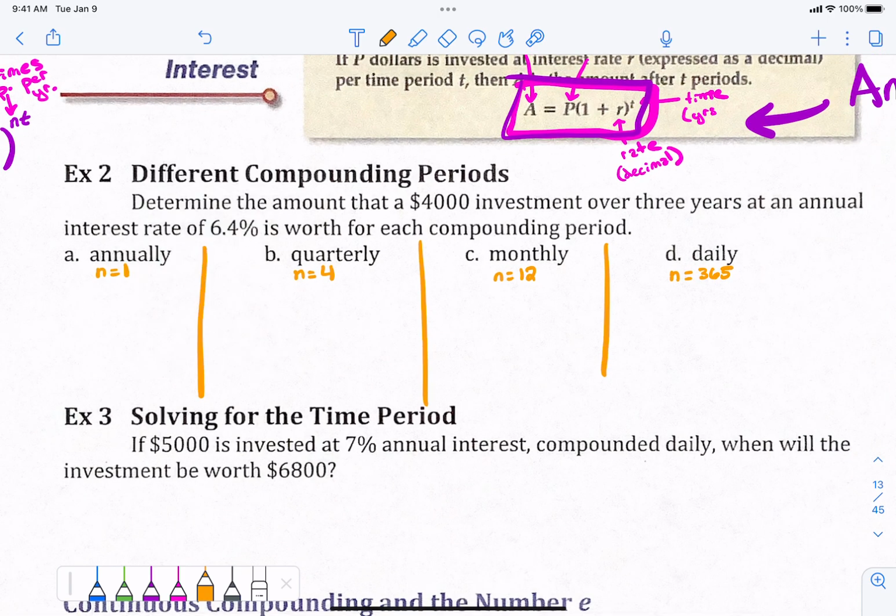All right, determine the amount that a $4,000 investment will be. That's my P. R is going to be 6.4%, but we put it as r equals 0.064, if you move the decimal 2 places, for each compounding period. So here's how this works.